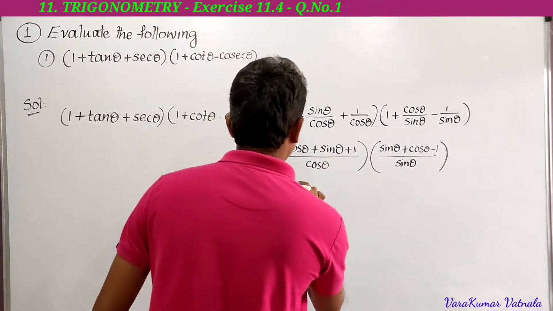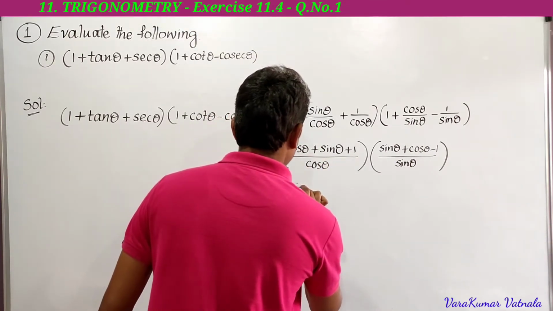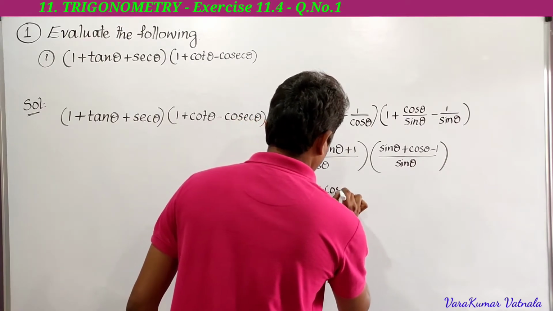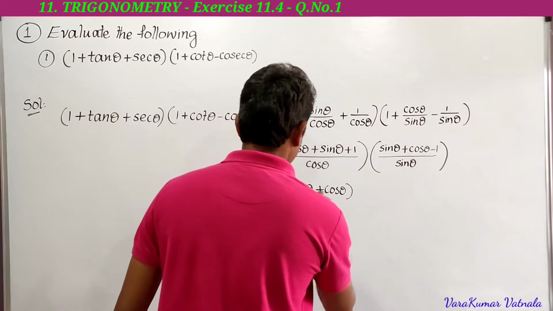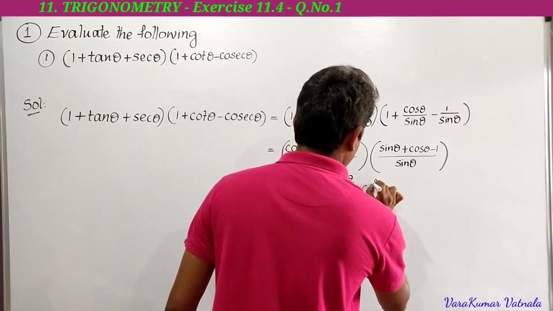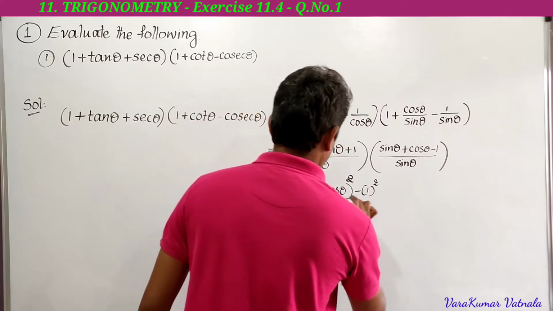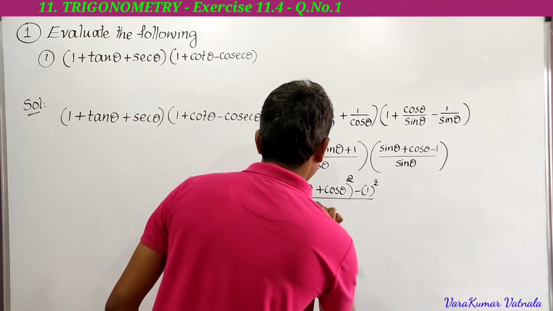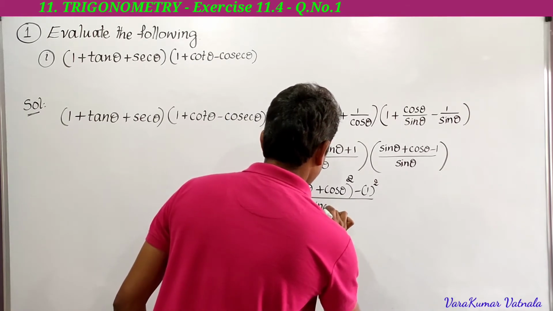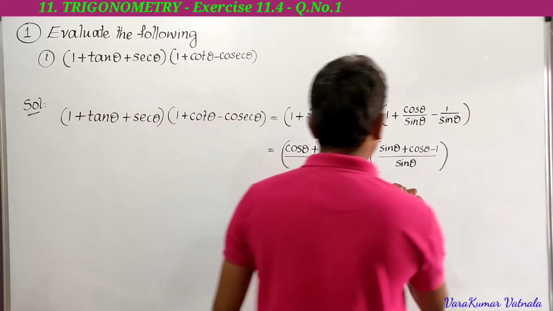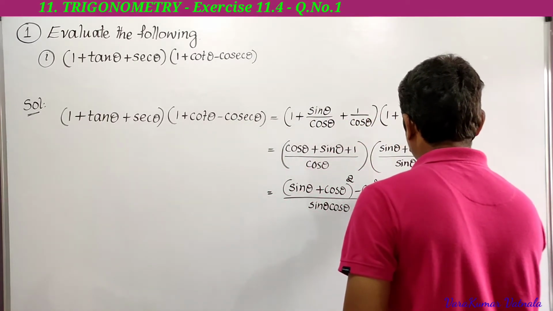Using that formula we get (sin theta plus cos theta) whole square minus 1 square, divided by the product of the denominators, sin theta into cos theta. Just we have used this formula here.